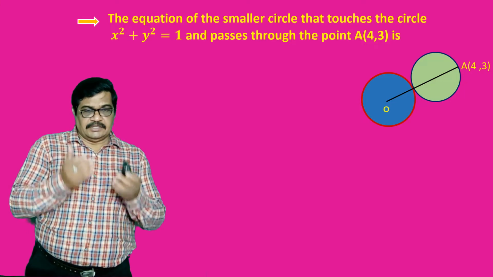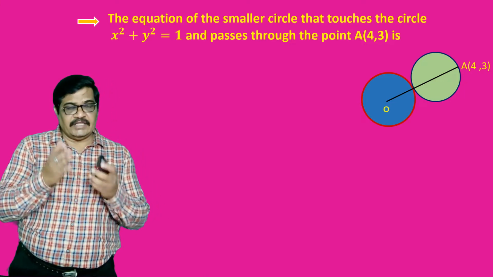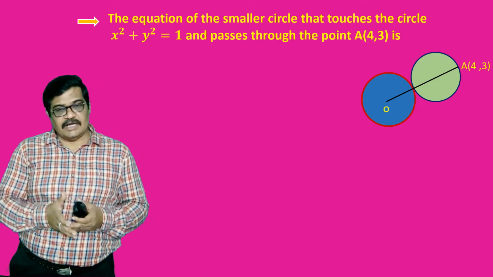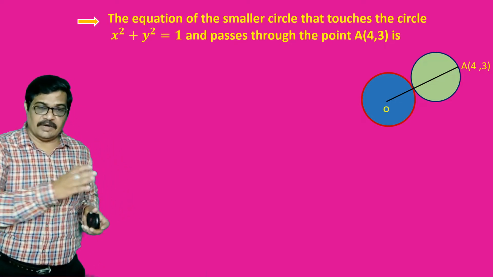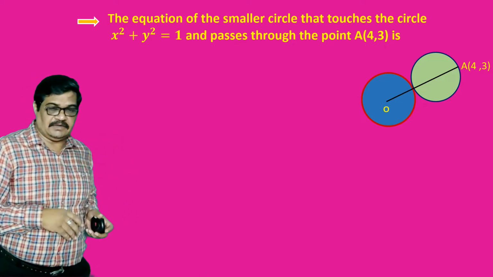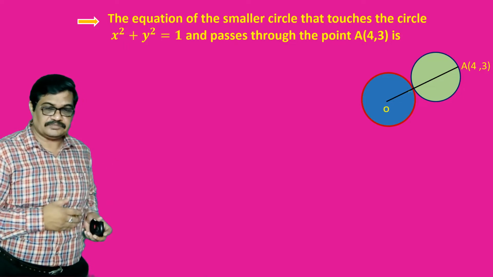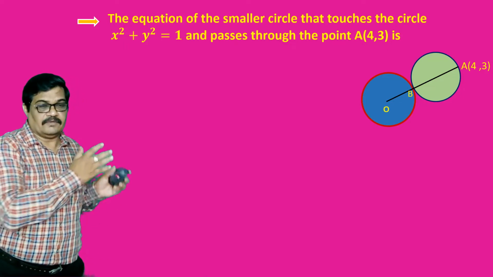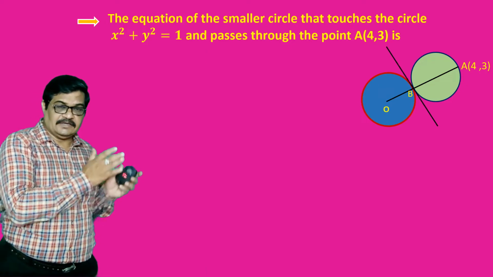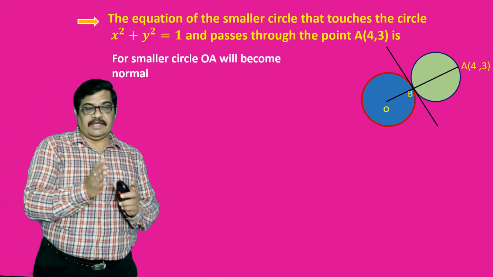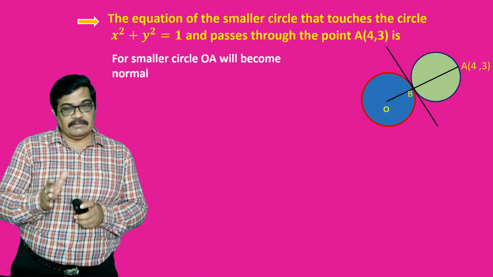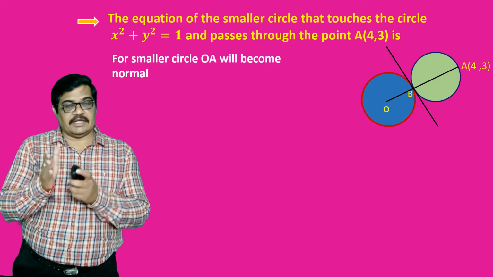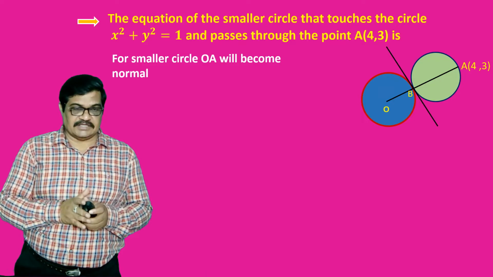That is the smaller circle. For the smaller circle, OA will become the normal to the given circle.